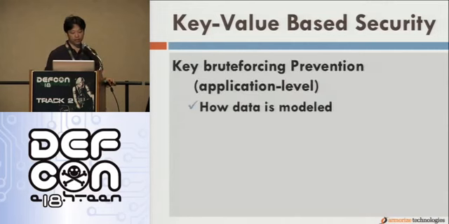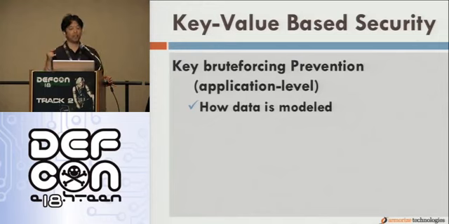So prevention really depends on how data is modeled, because there's no schema. If, for example, we're storing all personal records in a single key value database, then once that is brute forced, they can get everything out, right?